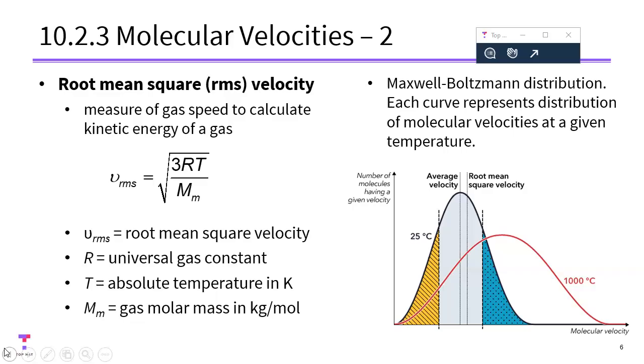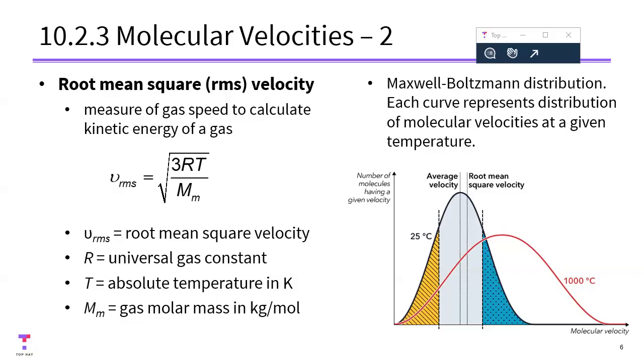I want to pull out this other term in the denominator here, M sub m. This is the molar mass of that substance, the molar mass of that gas. And notice that it is not a direct relationship like temperature is. Temperature is in the numerator of this fraction. As part of the numerator, we know that if it increases, the root mean square velocity increases as well.